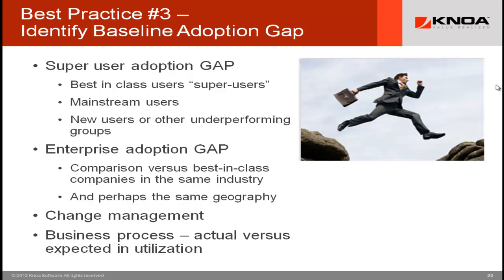So now that you've got your baseline, you've been able to see where your super user adoption gap is. You've been able to see how they're performing, what their error rates are, and how they compare to the rest of your enterprise. And over time, we're going to try to work with our customers to understand the enterprise adoption gap for same companies and same industry as the data becomes more and more available.